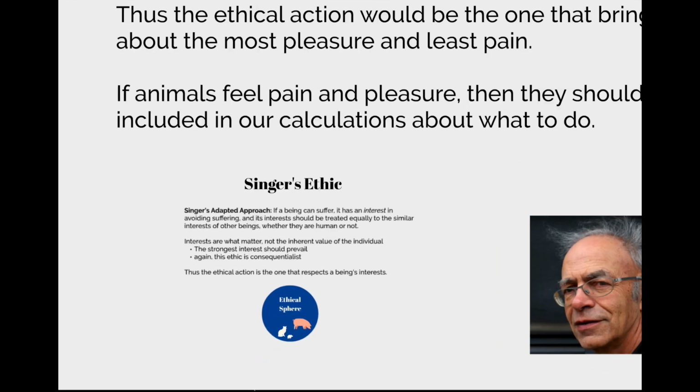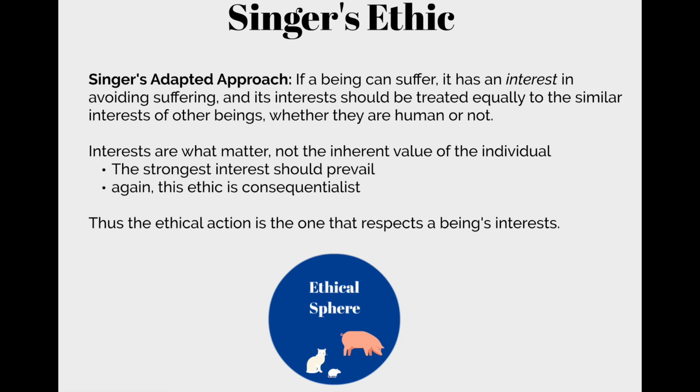Right? So Singer adapted this approach. If a being can suffer, it has an interest in avoiding suffering, and its interests need to be treated equally to everyone else's interests. So interests for Singer are what matter.